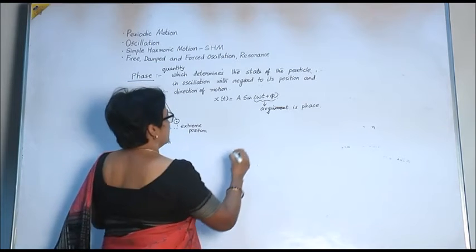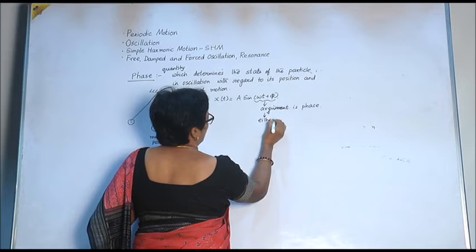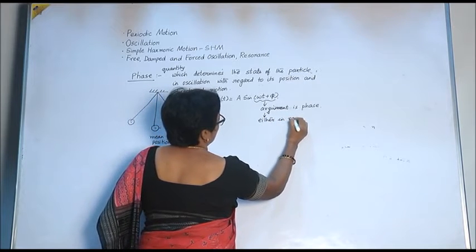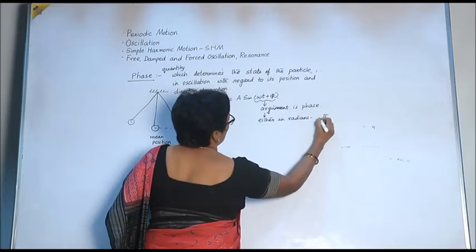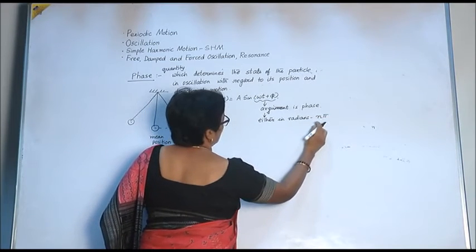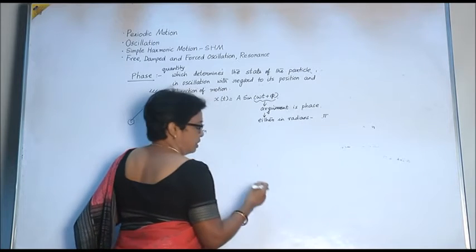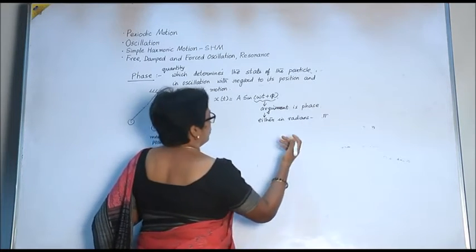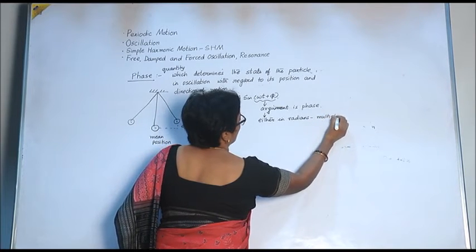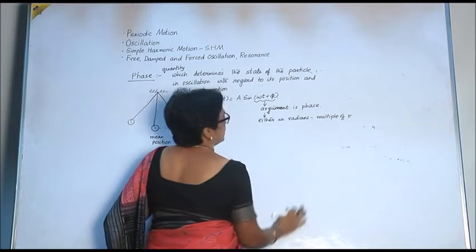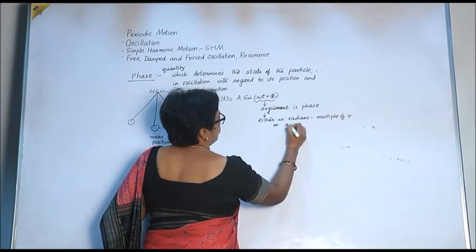This can be represented in radians, in terms of pi, some multiple of pi, not necessarily a whole number. Usually it is represented as multiples of pi, or as a fraction of t.